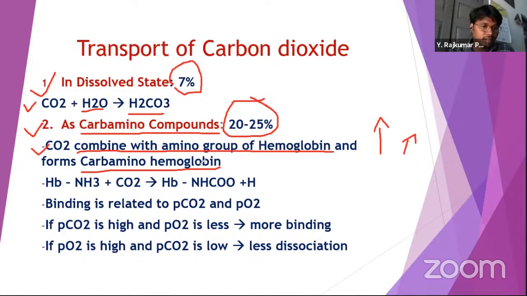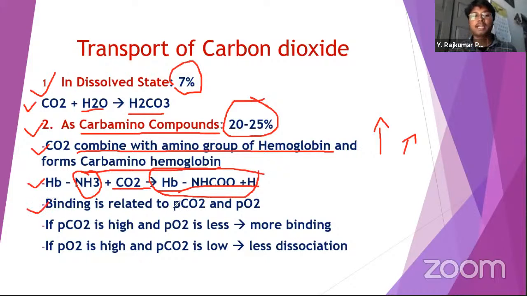Just now we have learned how it binds with oxygen. Hemoglobin binds with four molecules of oxygen, isn't it? So here carbon dioxide also binds. Let's see, Hb NH2 is nothing but the amine group of hemoglobin, and when it binds with carbon dioxide, carbamino hemoglobin is formed, Hb NHCOO minus plus H plus. Okay? This is the carbamino hemoglobin.